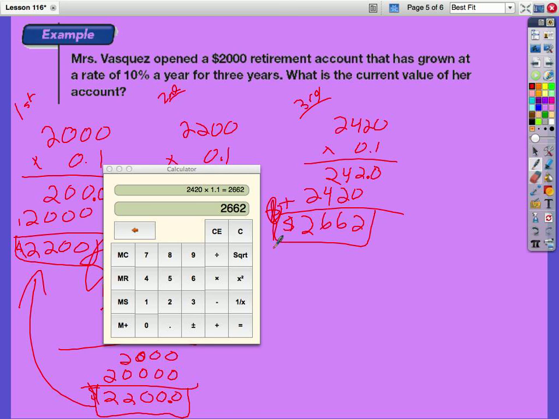So if I had to keep doing that to find how much money, they're going to ask you how much money in 10 years. You're going to have to do that 10 times. If they want 20, you'll have to do it 20 times. And I can tell you, using that calculator is going to be a lot faster than doing it by hand. So if you have a calculator handy, you're going to want to use it for your practice set, because they're going to ask you some big numbers. So just remember, we're going to multiply by 1 and whatever the percent is.